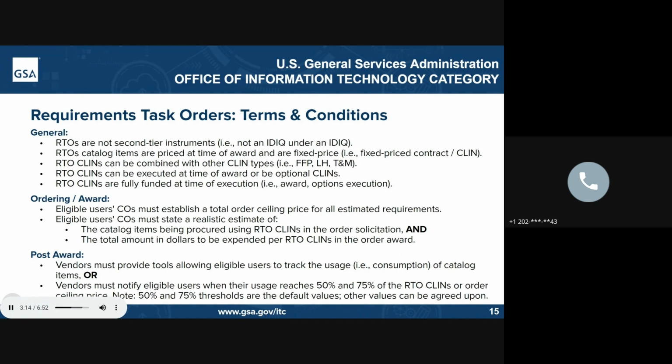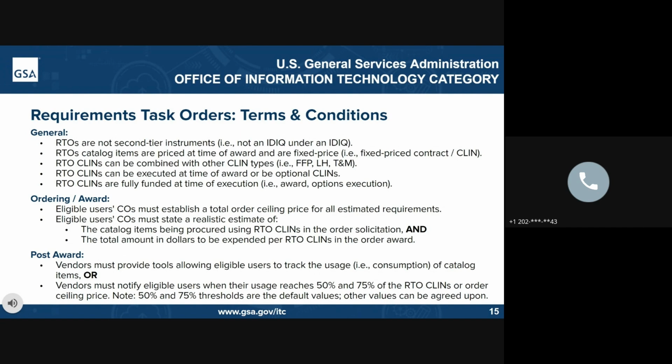Now, when you get to ordering and to award, in order to allow our vendors, the MAS vendors, to understand your requirements, the contracting officer must establish a total order ceiling price for all estimated requirements. The estimate must be realistic, and that can be based on historical trends, market research, projections.